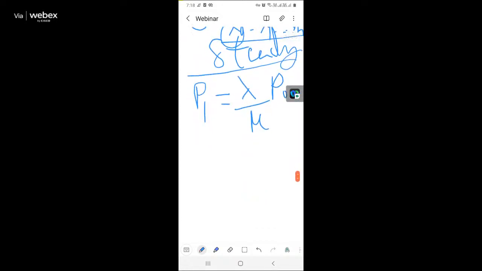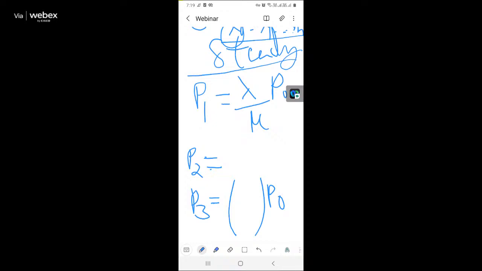Now, if you can guess what will be P2, I think anyone can unmute and tell what will be P2 in the steady state, provided that in steady state lambdas all will be constant or equal and mu also will be a constant one. Please have a try for P2, P3 and so on. If you want, I'll write for P3 so that any of you can write for P2.